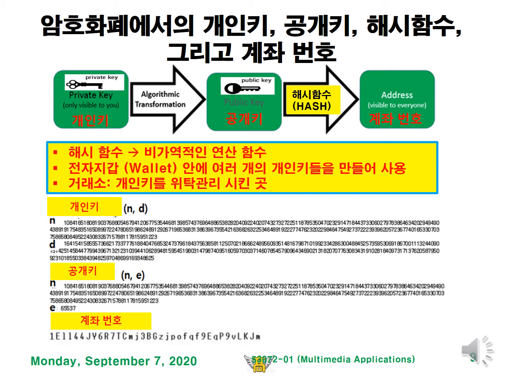Okay, so from a random number, an algorithm generates a private key and public key. It is a pair. From the public key, the hash function. That means the public key is input to the hash function. So the hash function generates the address.